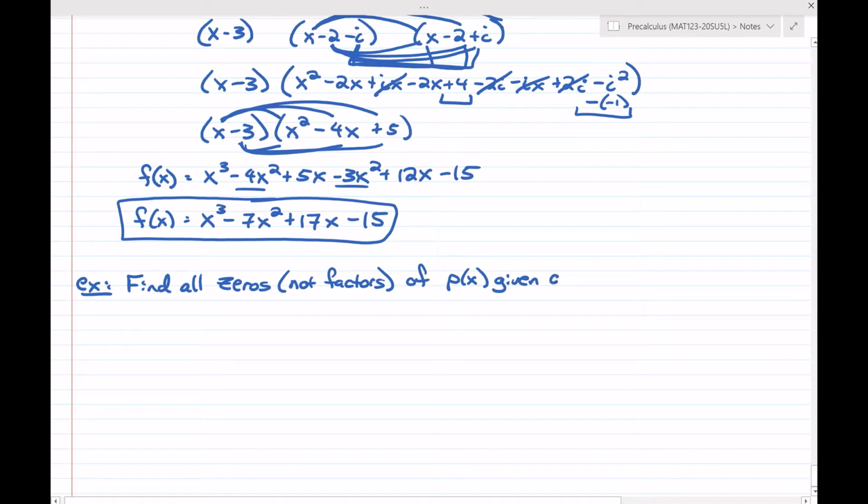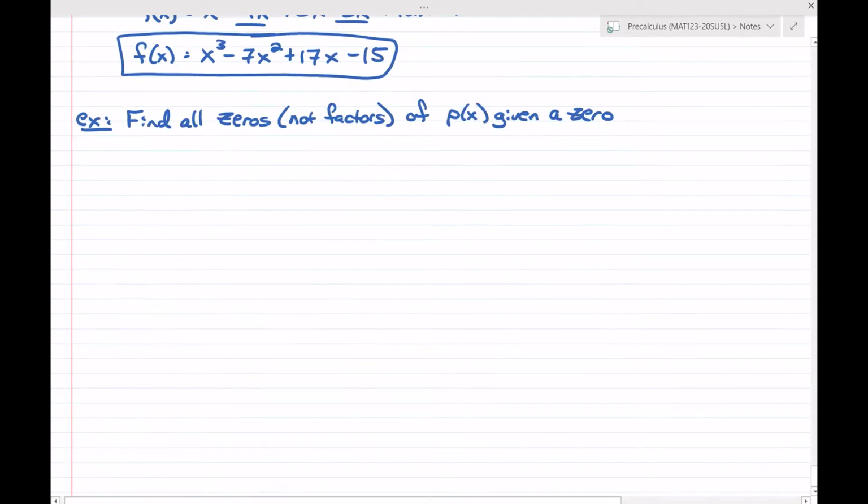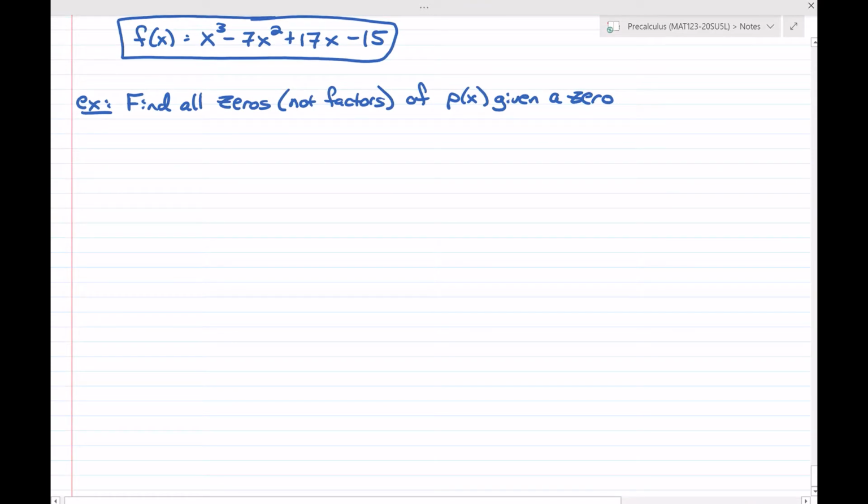So we're just looking at different combinations to find all the zeros of a polynomial. So we'll do 2 here. What if I told you p of x was equal to x to the third plus 4x squared minus 5, and one of the roots was 1.